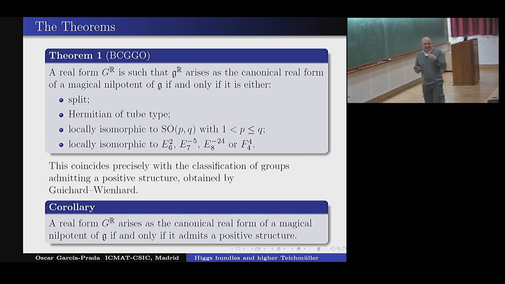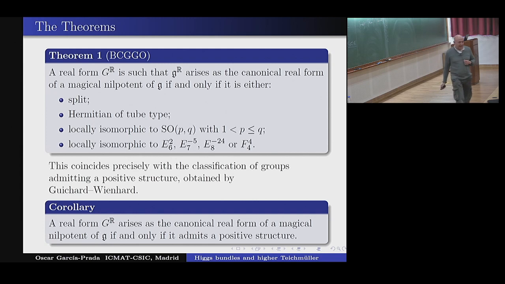And even in the split case, SO(p,p) or SO(p,p+1), it admits another positivity structure, with a parabolic subgroup different from the Borel. Another interesting group for which that phenomenon happens is F4,4, the split real form of F4. It has the Borel defining a positivity, but there is also another parabolic subgroup defining a notion of positivity.